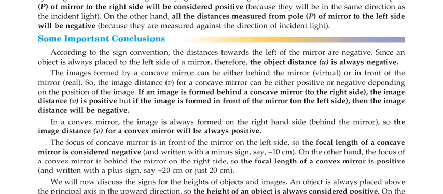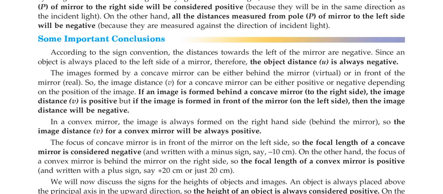If I say the focal length of a concave mirror is 10 centimeter, it means it is minus 10 centimeter. On the other hand, the principal focus of a convex mirror is on the right side of that mirror. Therefore, the focal length of the convex mirror is always positive. If I say 20 centimeter, it means it is plus 20 centimeter.